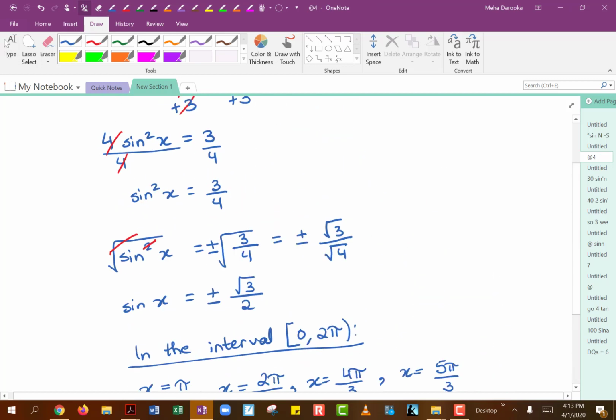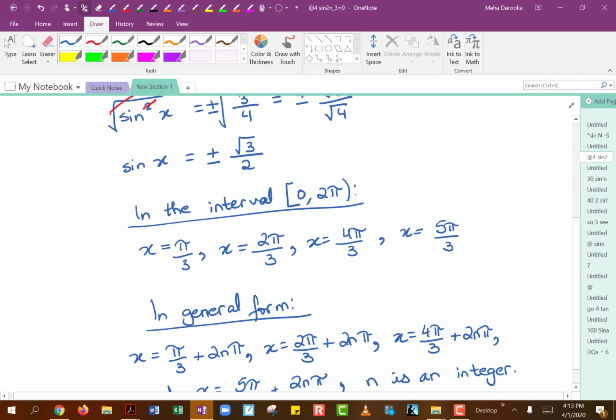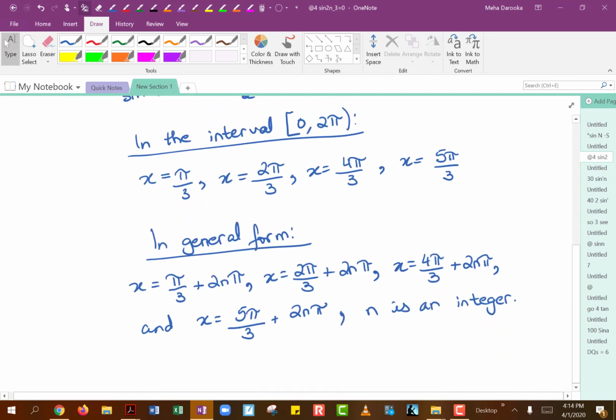Okay, so that's kind of how we would go about finding the solution for our example 2 over here. Okay?